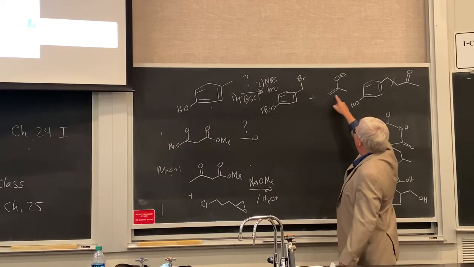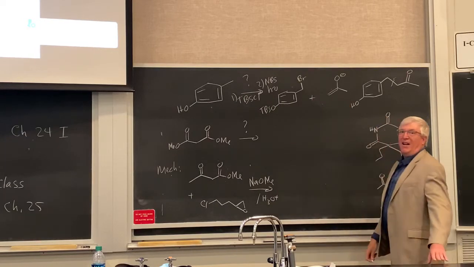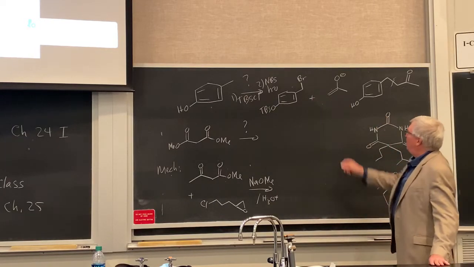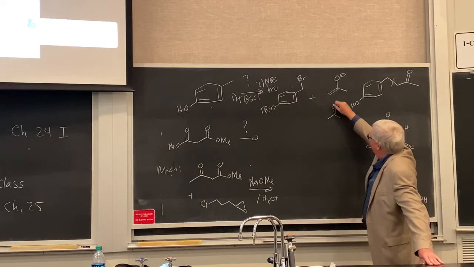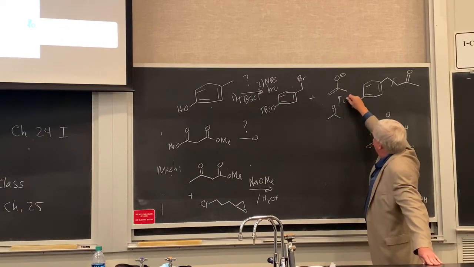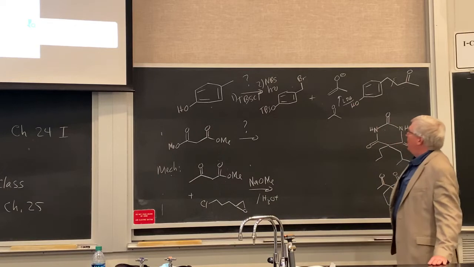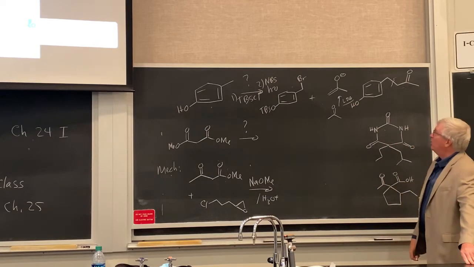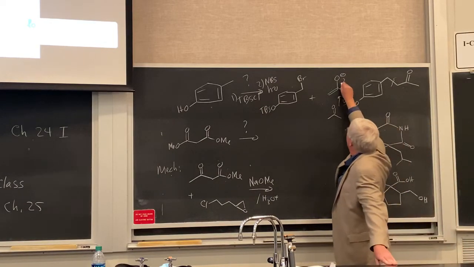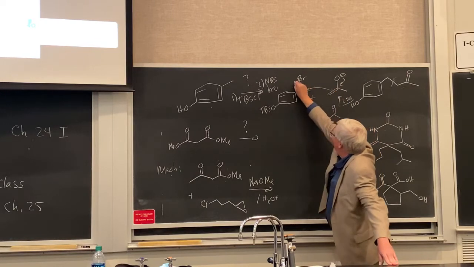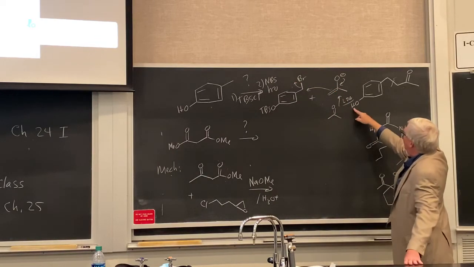And now we add in the enolate of acetone that we get from acetone and, what, LDA? That would be the best way to go. That's irreversible deprotonation. And if you want to review the mechanism, there you are. And then how do we take off the TBS group?